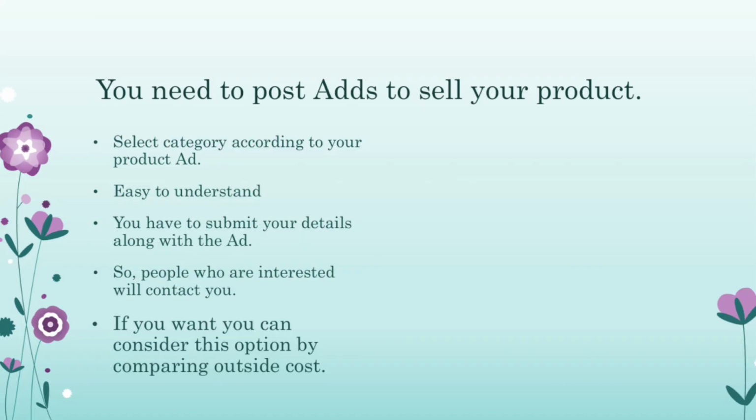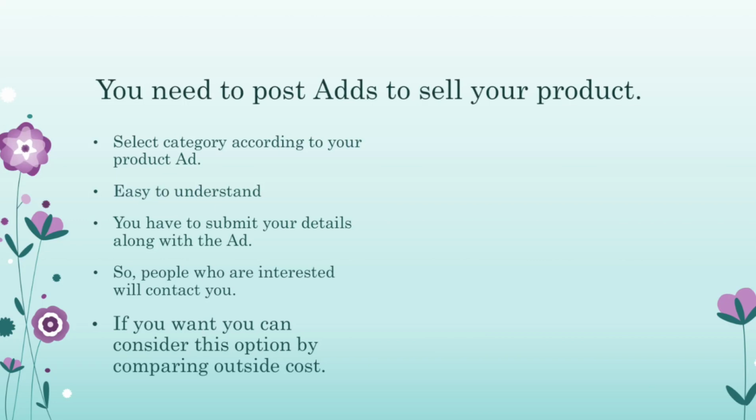And you need to post ads to sell your product. Suppose I want to sell my mobile phone, so I need to post an ad regarding that mobile phone with all the details, and I have to select the correct category and classify my ad under that category.